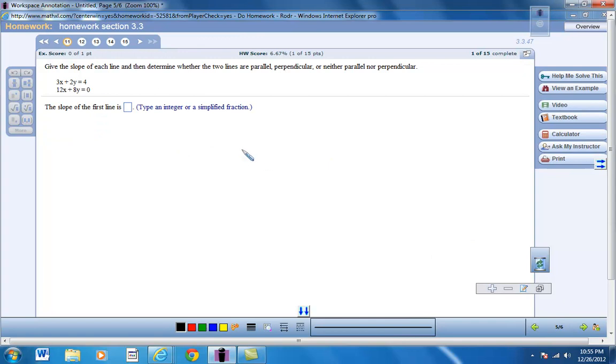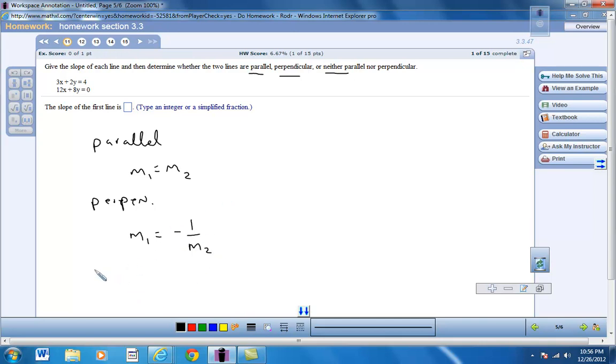Here they're telling us to give the slope of each line, then determine if it's parallel, perpendicular, or neither. So for it to be parallel, the slopes must equal each other. And for it to be perpendicular, we're going to notice that our slopes will be the reciprocal of each other.